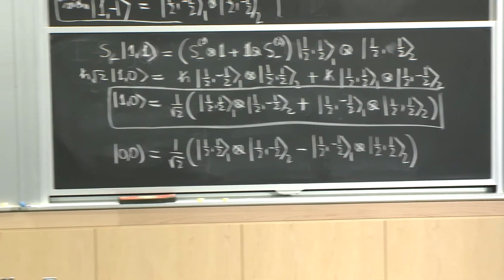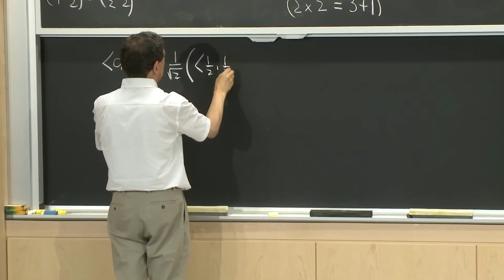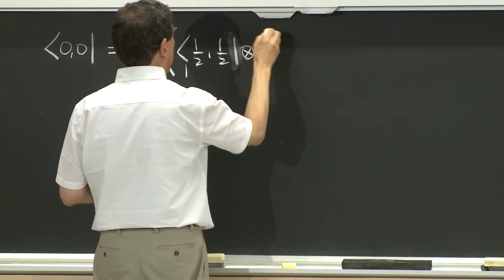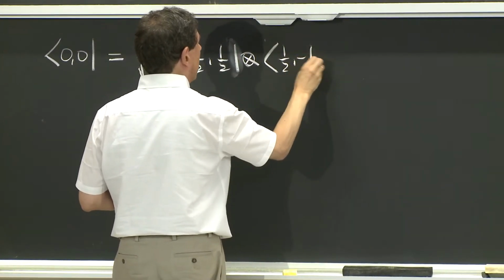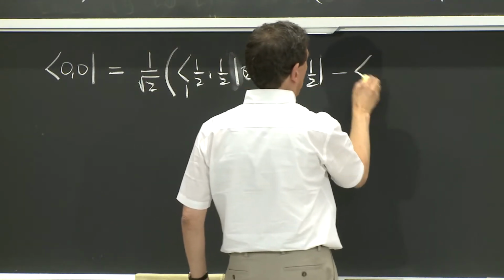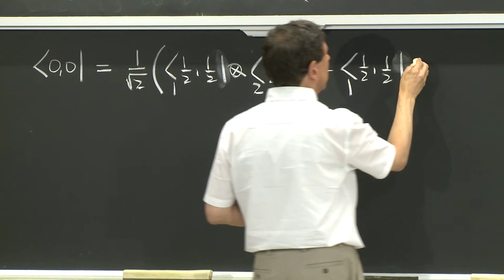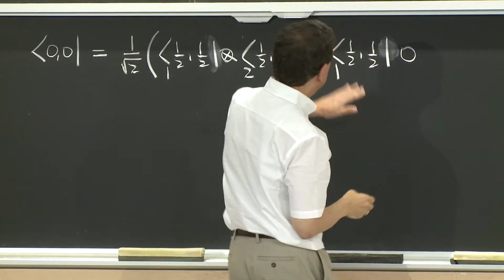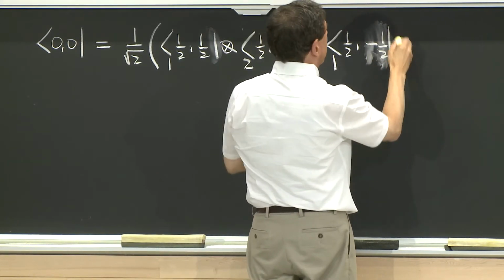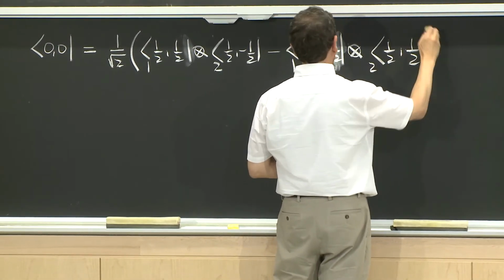So I'll have <1/2,1/2| of 1, tensor product with <1/2,-1/2| of 2, minus <1/2,-1/2| of 1, tensor product with <1/2,1/2| of 2.